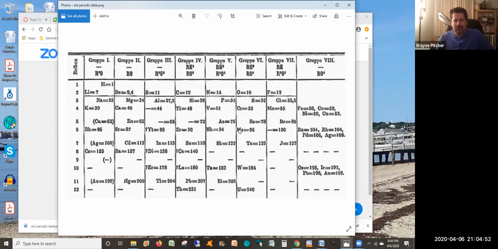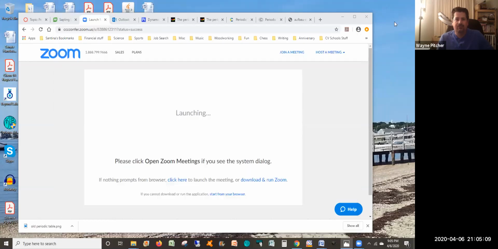Now, this doesn't look maybe quite as easy to understand as the modern periodic table. So let's go ahead and take a look at that instead. So I'm just going to exit out of that.